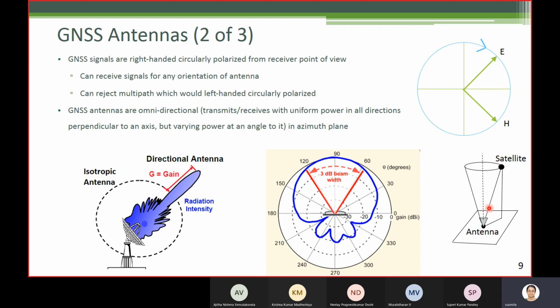This is the elevation angle. So for all the different positions of the satellite along the periphery, you have the same elevation angle, but different azimuth. If instead of this position, the satellite is here, the antenna will receive signal from this satellite, and it will apply the same gain.